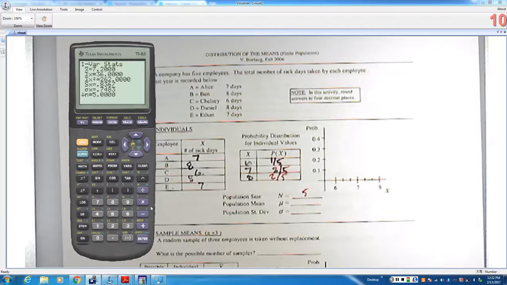So we get that our mean is 7.2, so our population mean is 7.2, and our population standard deviation is 0.7483, that's right.